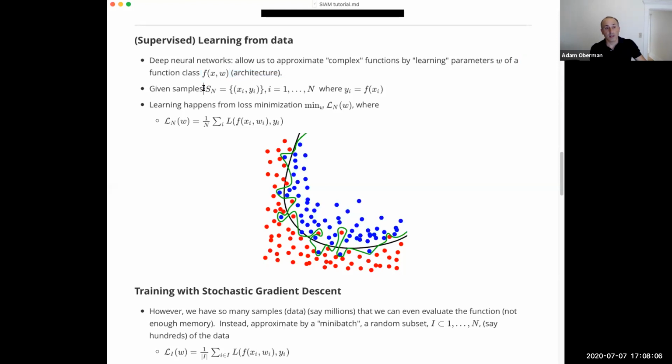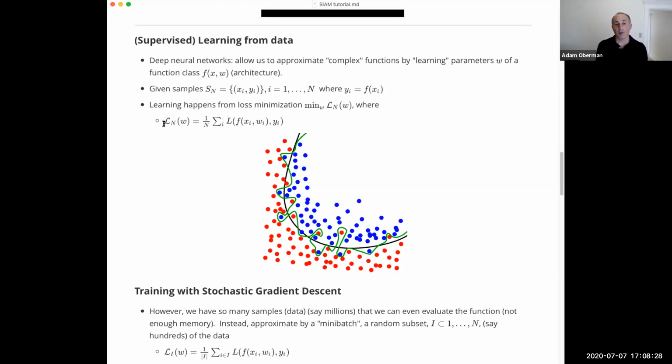So we're given samples. S_N is the sample of pairs. This is supervised learning. So pairs (x_i, y_i), where y_i is the function value you're looking for. I'm not even bothering to mention errors because they're not really significant for the main examples. Learning means fitting the function.